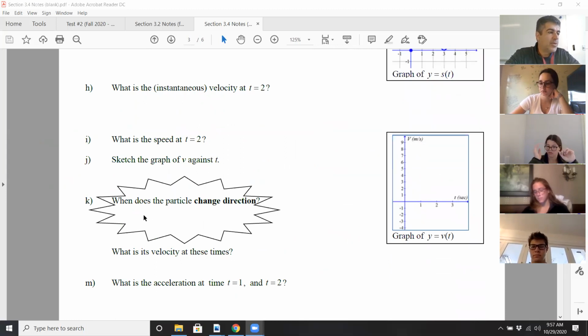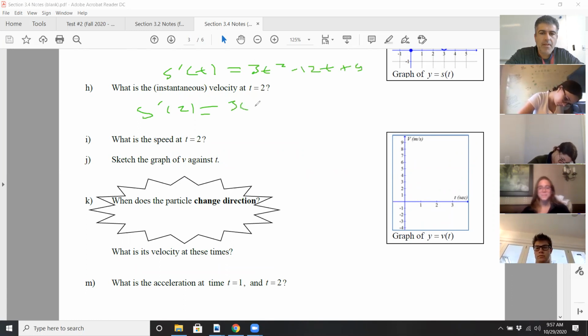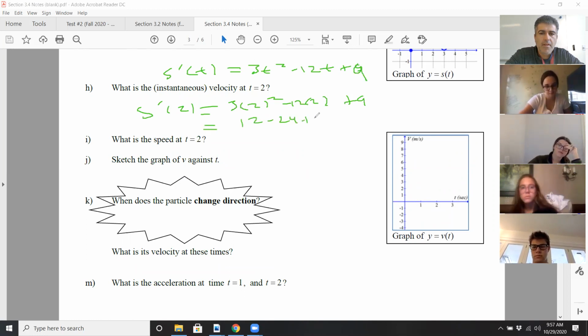Okay, well, since velocity at t equals 2, that's going to be easy. That's just s prime of 2. And remember, s prime of t, we already established, was 3t squared minus 12t plus 9. So it'd be negative 3 meters per second, which totally makes sense because remember our graph looked like this.